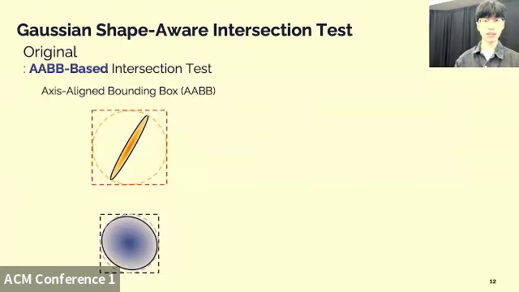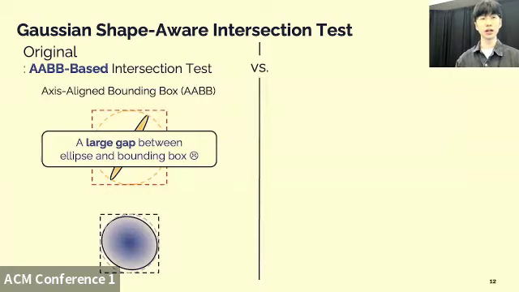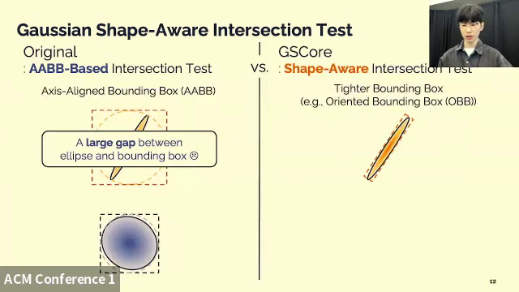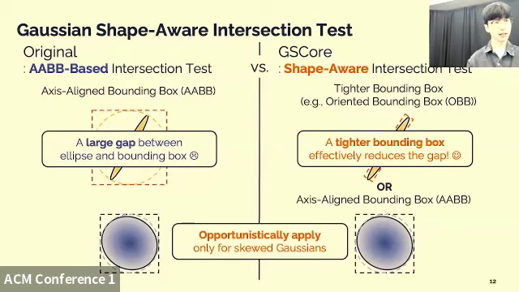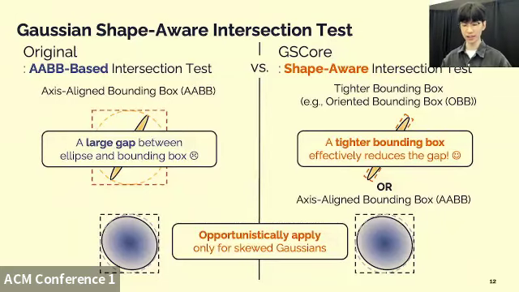While the original AABB-based intersection test is computationally cheap, it leads to a large gap between the splat and a bounding box. Instead, our method proposes a tighter bounding box, and it effectively reduces this gap. And also, as this kind of intersection test requires more computation, we opportunistically apply this method only for highly skewed Gaussians.